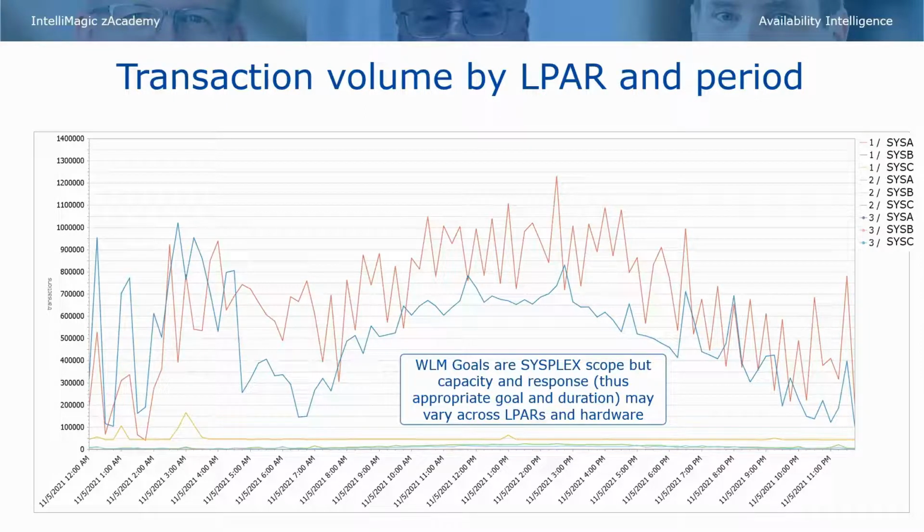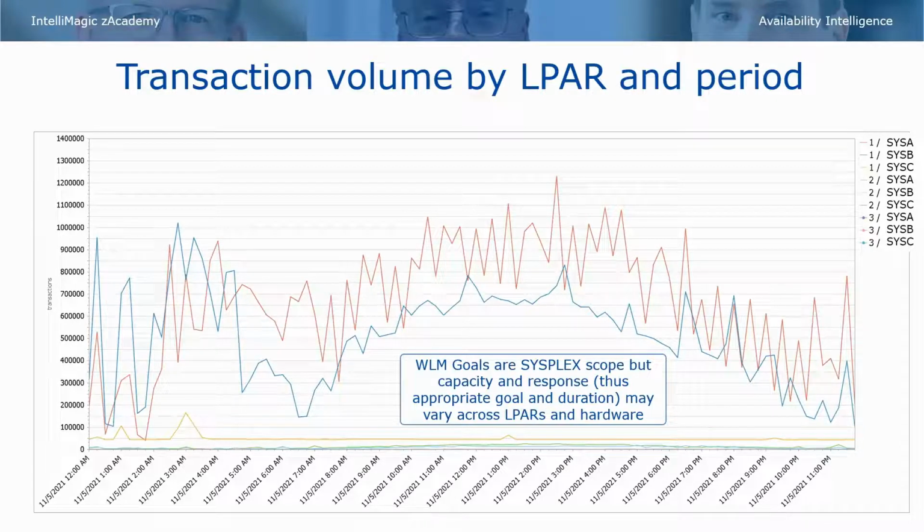We can see the vast majority of first period transactions are running on 2 of the 3 LPARs. And the hardware could be very different. The configuration of the LPARs could be very different. So you just want to bear this in mind as well. WLM is going to first try to achieve the Sysplex goal for the workload, and then follow by trying to achieve that goal on each LPAR.